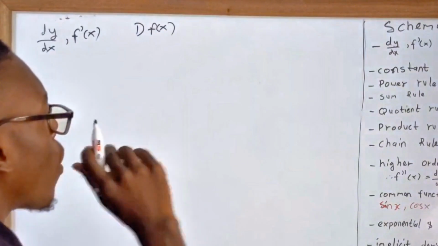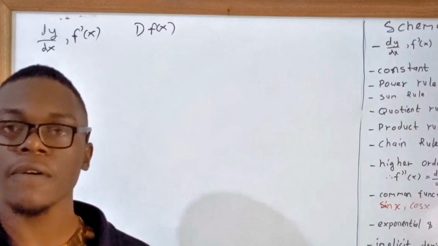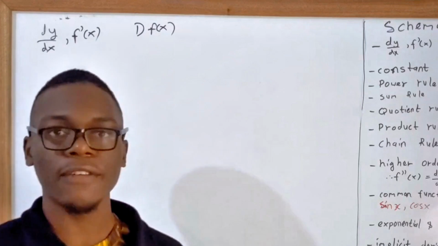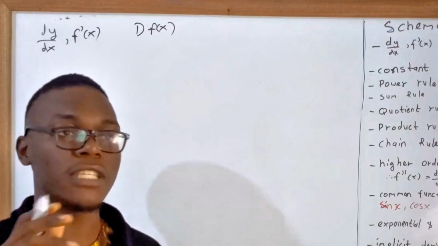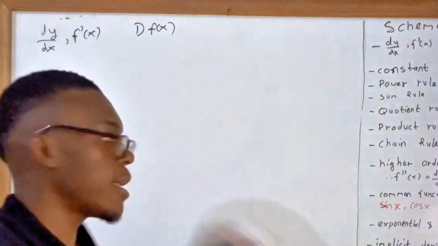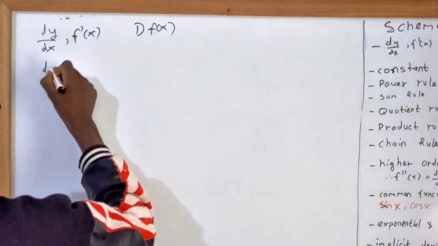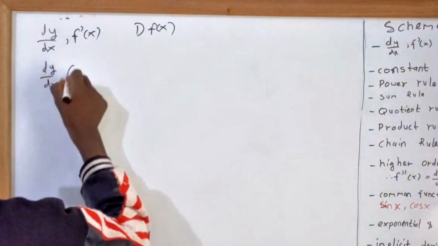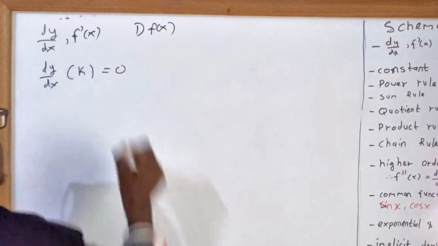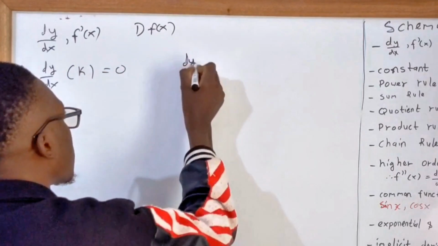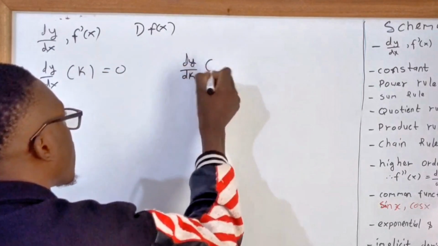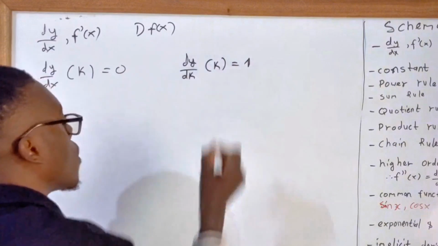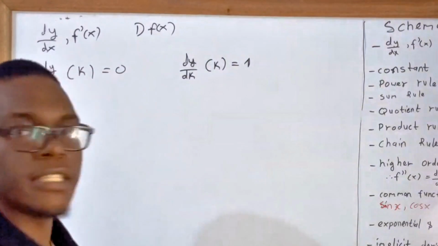Okay, moving then to the constant rule. What's a constant rule? That is, the derivative of a constant is equal to 0. Like the derivative of 1 is equal to 0, or the derivative of k is equal to 0. Take a look at it. You have dy over dx of k is equal to 0. But if you have dy over dk of k is equal to 1, you ask the question, why is the difference?